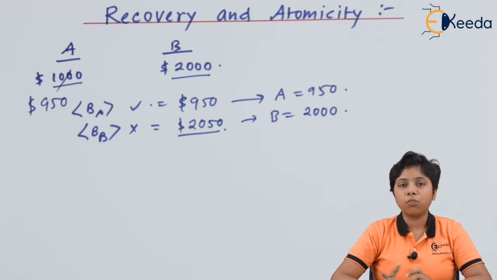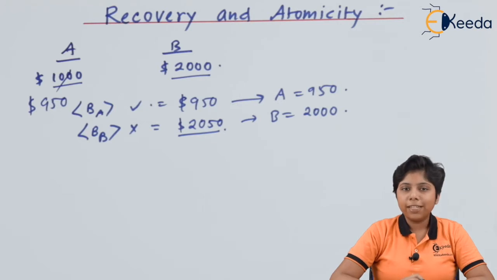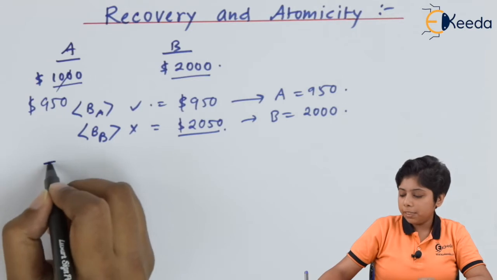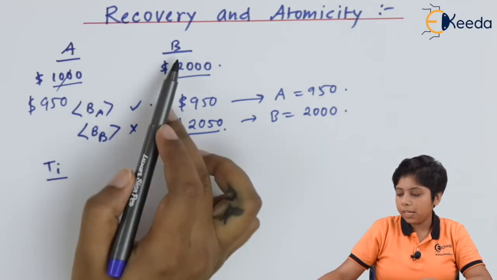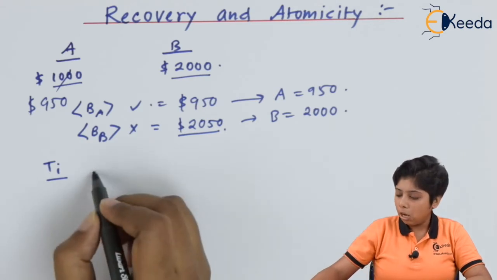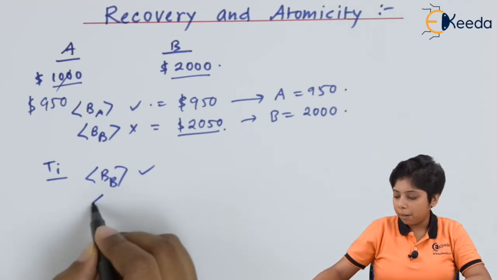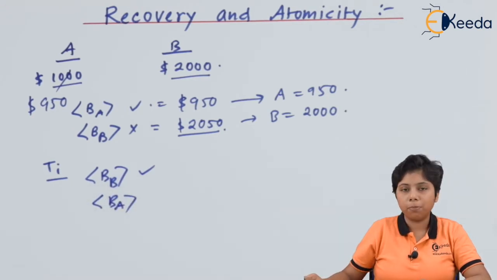So in that case, what can we do? There are other states where we can reach an inconsistent as well as non-atomic transaction. Suppose there is a problem in transaction Ti and it deducts 50 from B while A remains at 1000. Now BB has been written to the database, but BA, the buffer, has not been written.